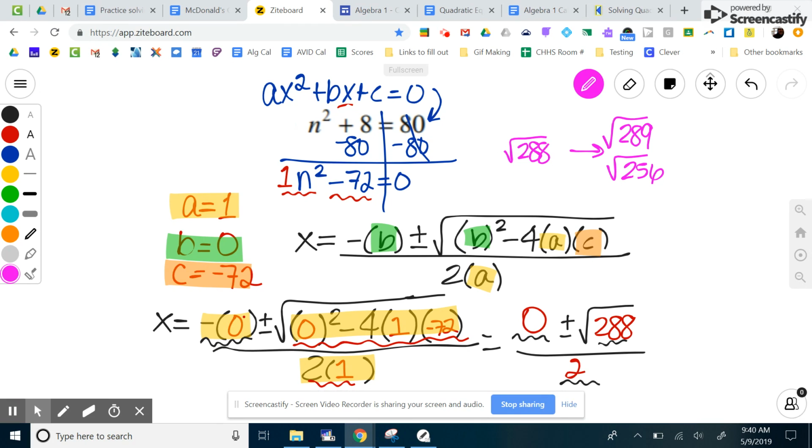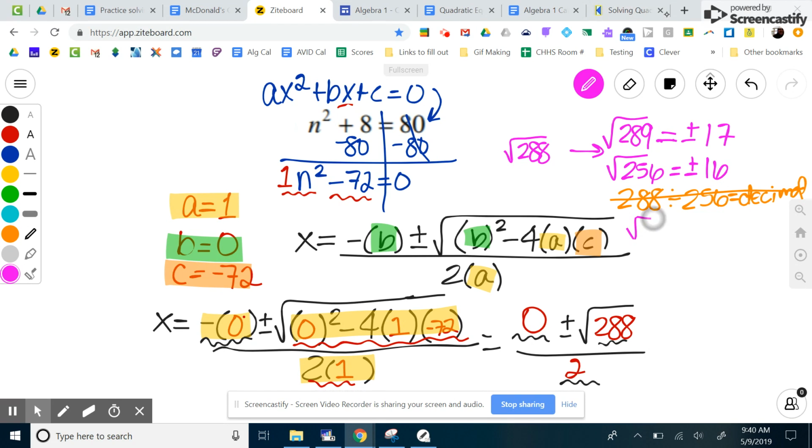So I'm going to start by dividing it by 256. 288 divided by 256 is a decimal. I'm not going to use that one. Oh, I forgot to write what those were equal to. This is plus or minus 17, and this one was plus or minus 16.